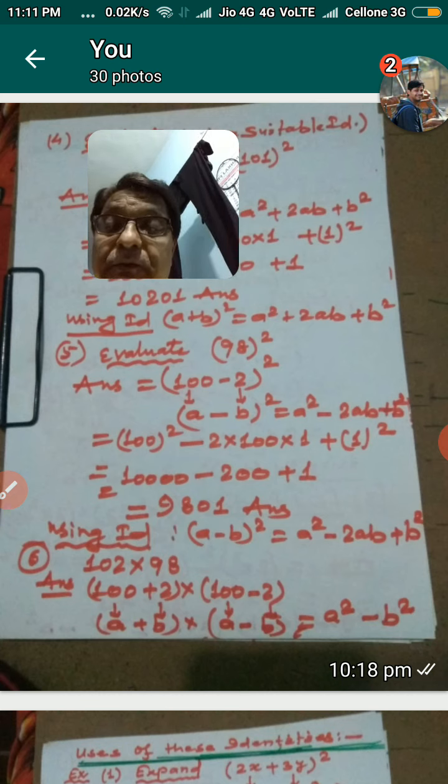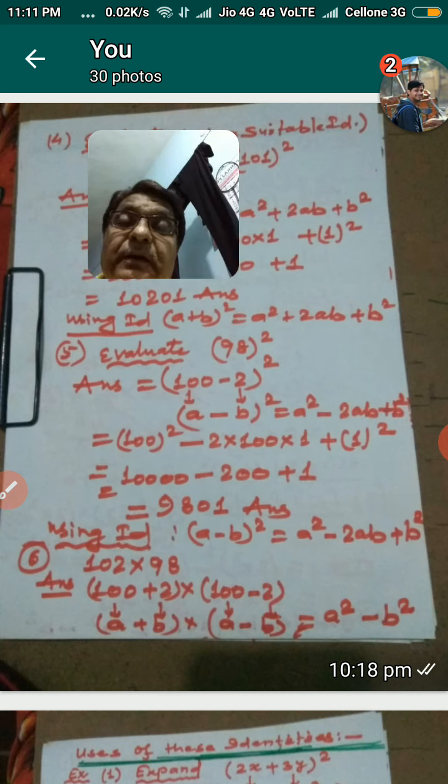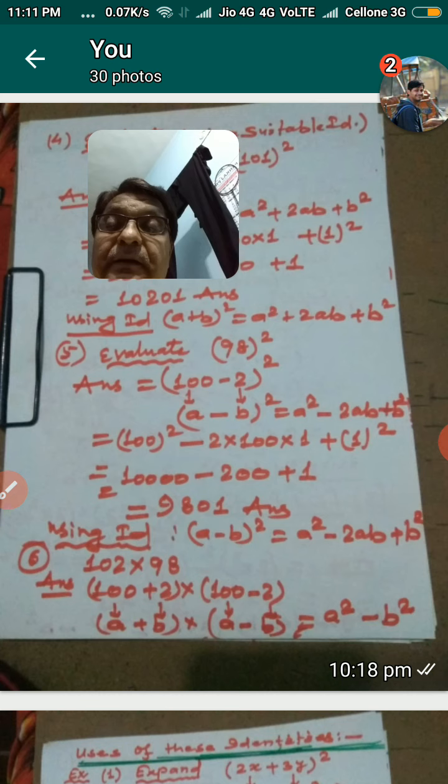Similarly, the last question is evaluate 102 into 98. You know 102 is nearest to 100, so it will be written as 100 plus 2, whereas 98, being again nearest to 100, will be written as 100 minus 2. Now you treat 100 as a and 2 as b.